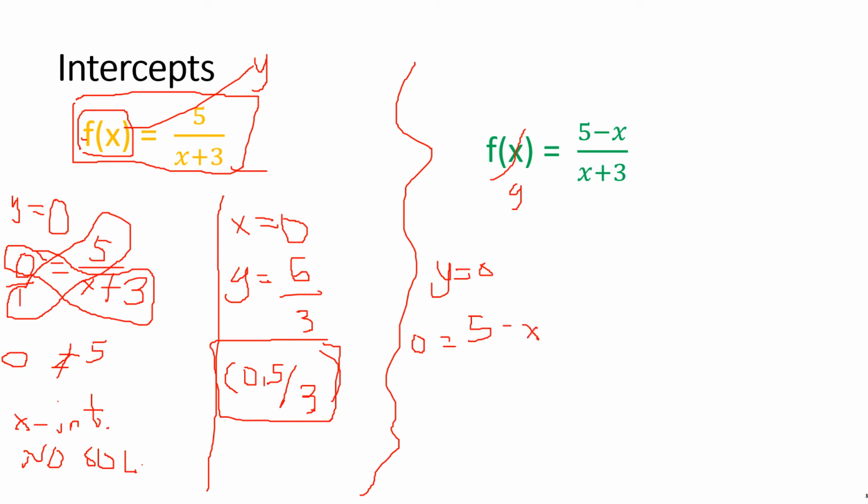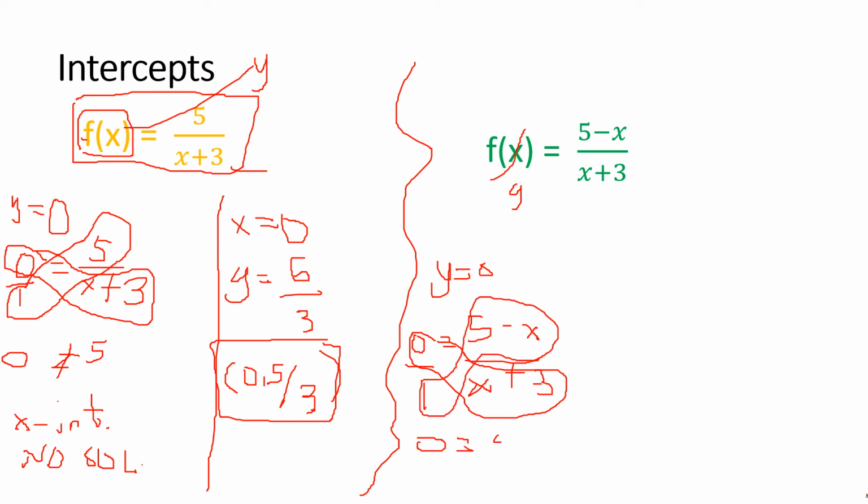over x plus 3. Okay, to solve this, we have to cross multiply. 0 times x plus 3 is equal to 0. We have 1 times 5 minus x is 5 minus x.